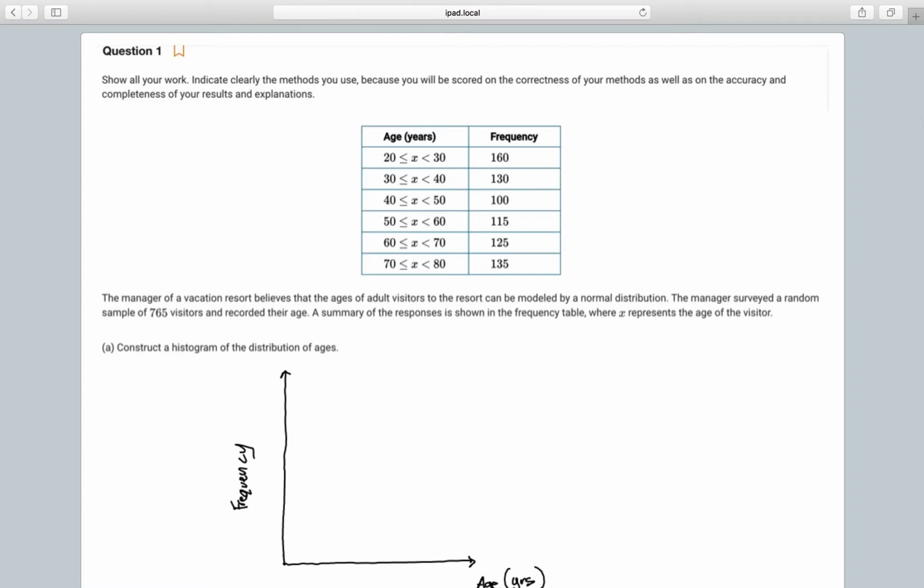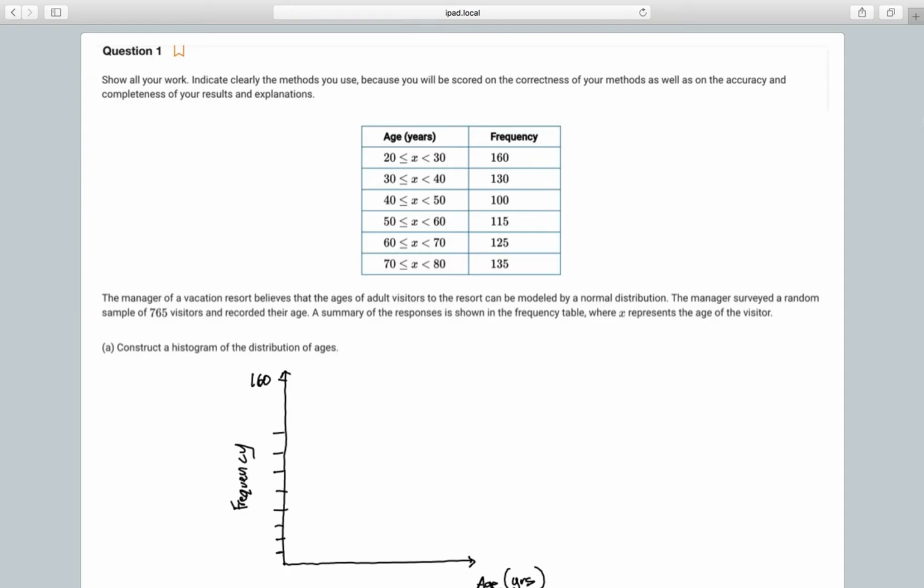And so just a couple things to make note of. Our largest frequency is 160, so that's really all we need to see up until. And we need to decide what's a reasonable increment to increase by. And it looks like probably 20s will get us there, because then we can go 20, 40, 60, 80, 100, 120, 140, 160.